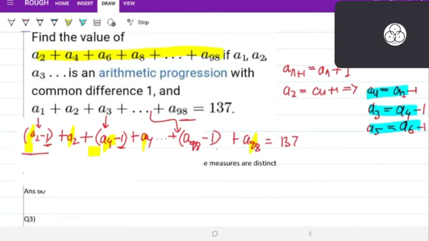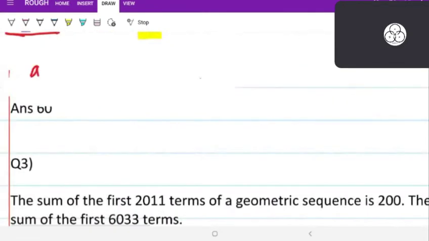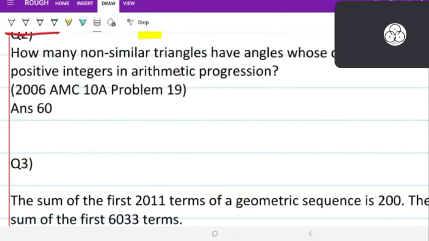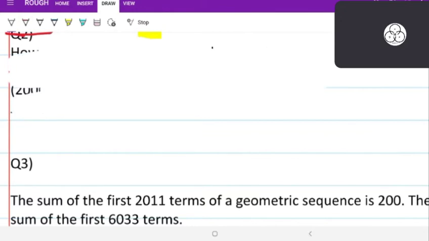Remember that all the odd terms, a1, a3, a5, have been converted into this format.